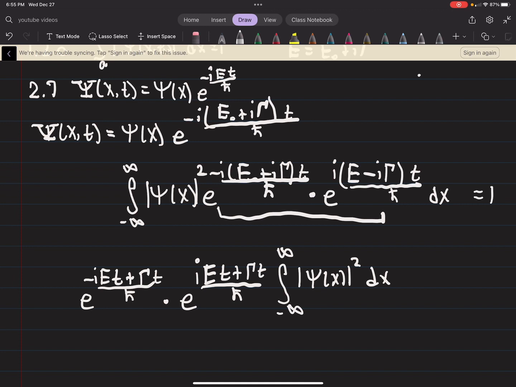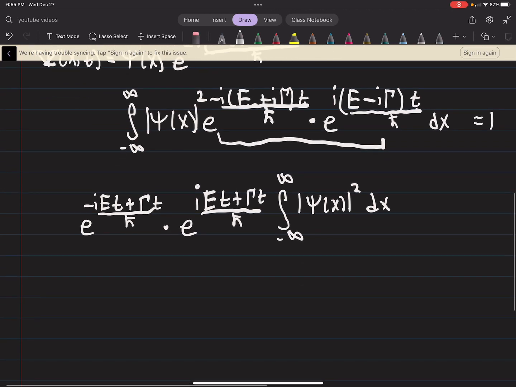All right, well, we can add our exponents here because they have the same base e. And when we do that, we're going to get this term here. Obviously, if you subtract those are going to go away. And these two terms here will add. Okay, so that's just going to be 2 gamma t over h bar.